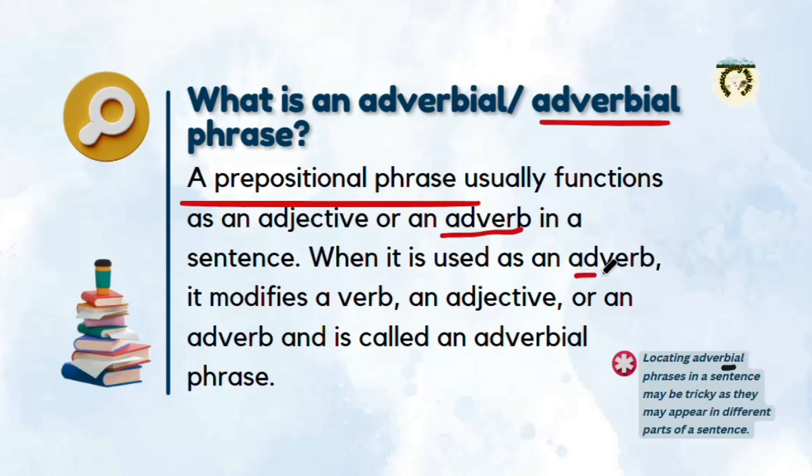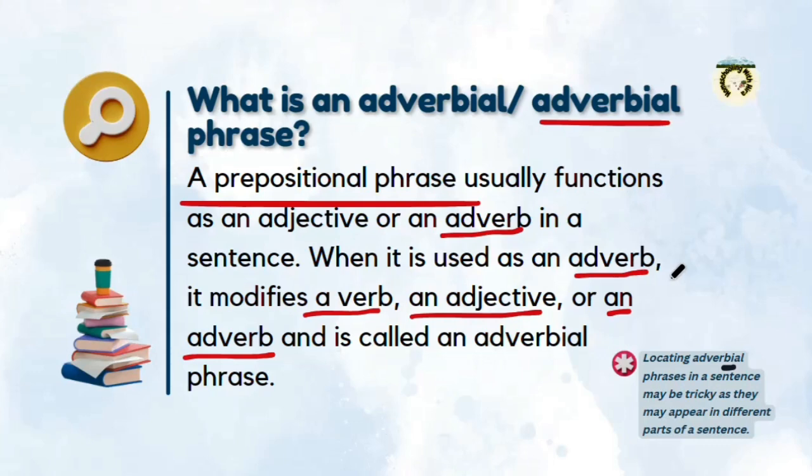An adverb is a word which modifies either a verb or an adjective or another adverb. This is the advanced definition of adverb. If you want to learn more about adverbs, their basic and advanced definition, you will find a link in the description box, so please do check that out.